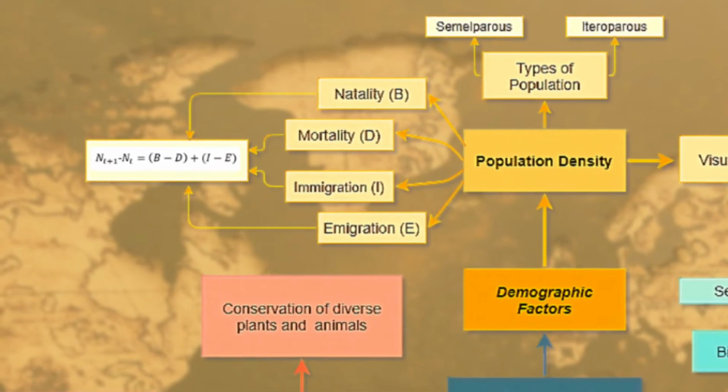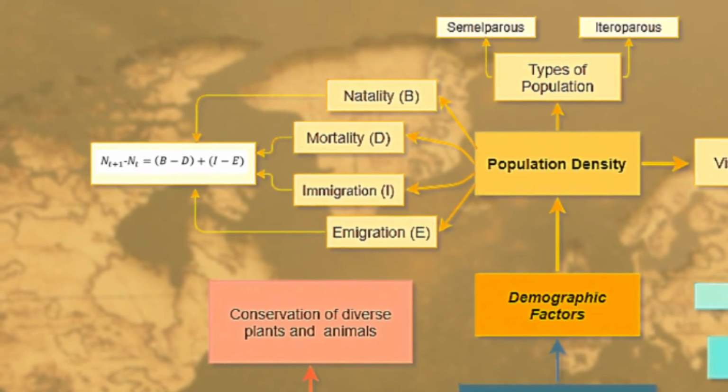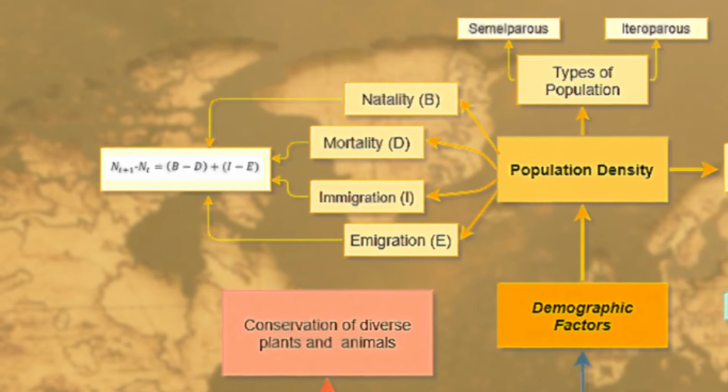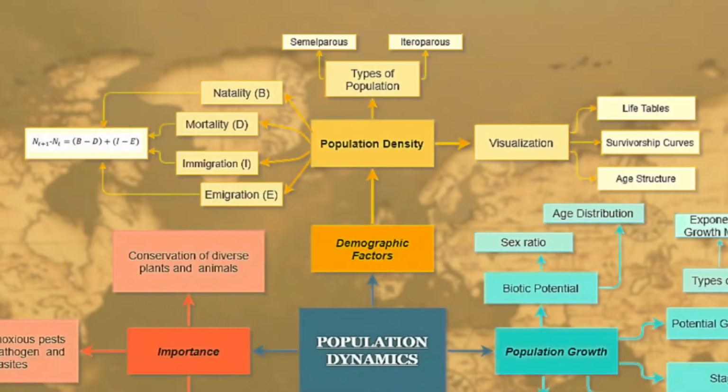If birth is greater than death, then the population increases, while if birth is less than death, then the population declines. To visualize how demographic factors affect population expansion and shrinking, life tables, survivorship curves, and age structure are used.